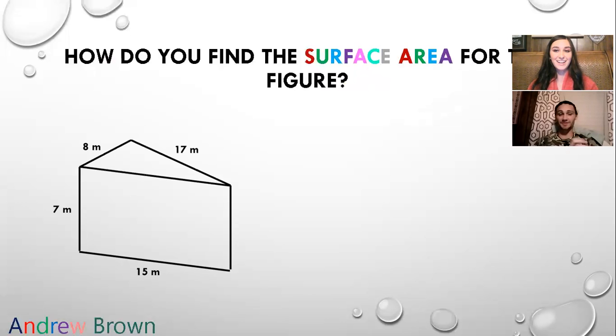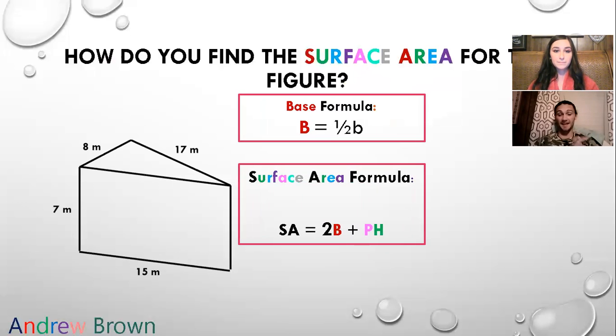So we have the surface area formula, and all we do is plug in numbers, get the answer. So the formula for surface area is 2 times base plus perimeter times height. To figure out the base, we need to just multiply 15 and 7 together, and then divide the answer in half. To get P for perimeter, all we have to do is add all the sides together.